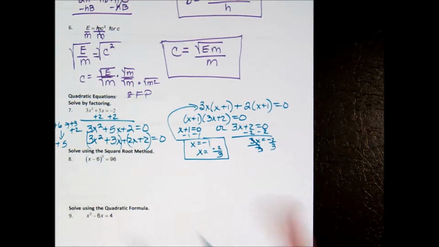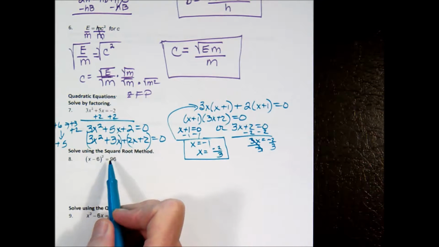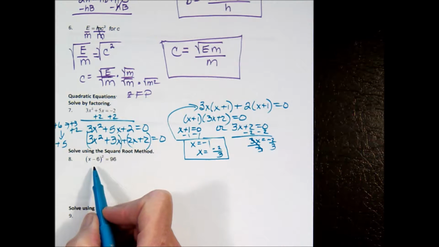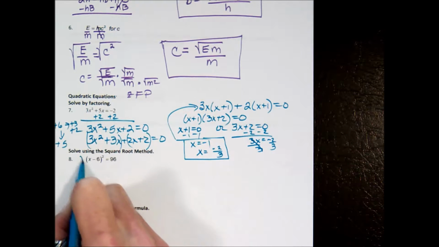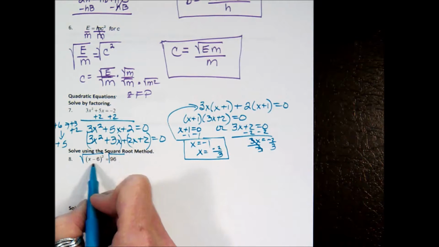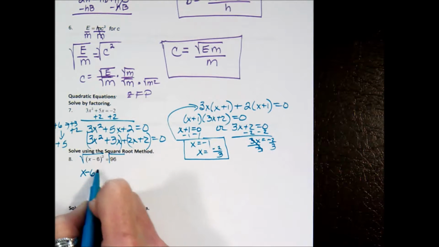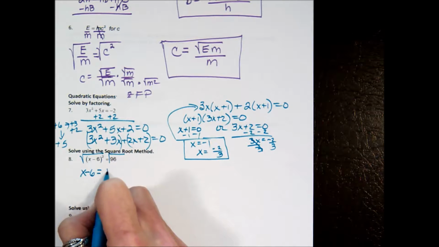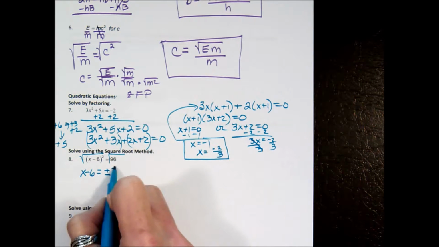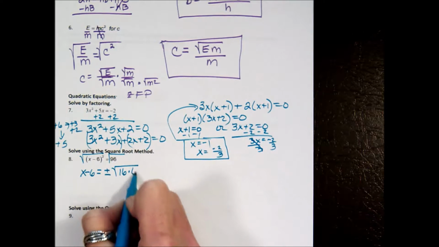In this next problem, we're asked to solve using the square root method. So the first thing you want to do is make sure that what has been squared has been isolated. And in this case, it has. So we're just going to take the square root of both sides. The square root of x minus 6 squared is x minus 6. The square root of 96 is plus or minus. Now I'm going to break this down. It has a perfect square factor. It's 16 times 6.